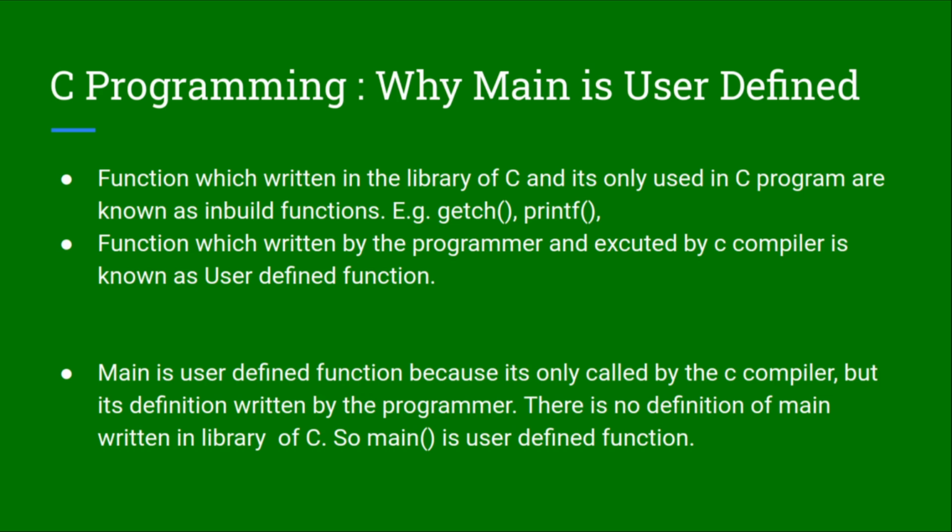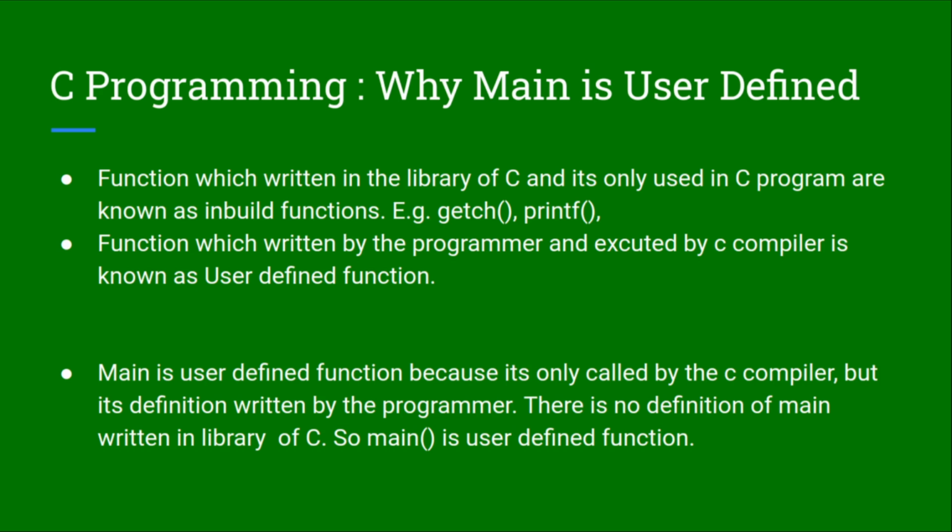For example, to use the square root function of C, we need to use math.h. We never write the math function anywhere ourselves; we just include the header file math.h. That is the simple way to use inbuilt functions.